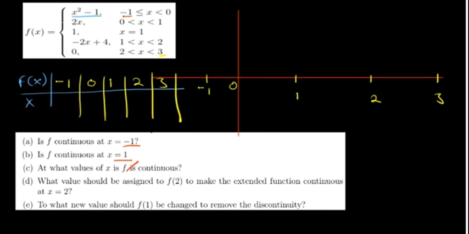For -1, the function that applies is this quadratic equation. Instead of calling it a quadratic function, I'll call it a quadratic equation because the function is only one piece. -1 is included because of the less than or equal to x part. If you put -1 in that equation, -1 squared is 1, minus 1 gives us 0. So that tells us that we are starting at the point (-1, 0).